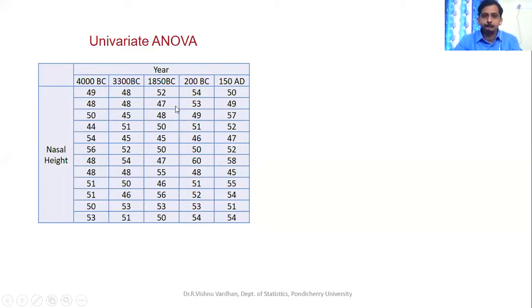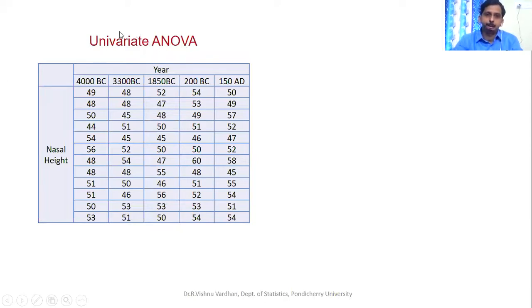This problem becomes a two sample t-test. Now if I add 1850 as well, the total independent groups are more than two, and then it is the concept of Anova.